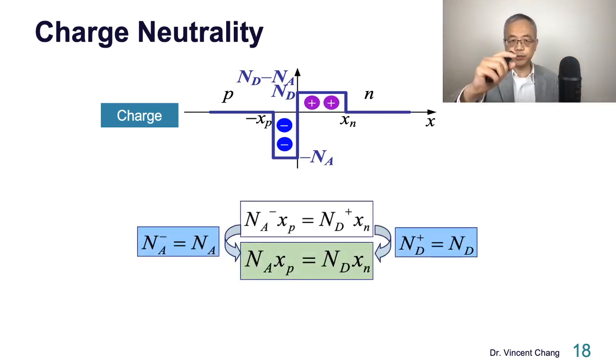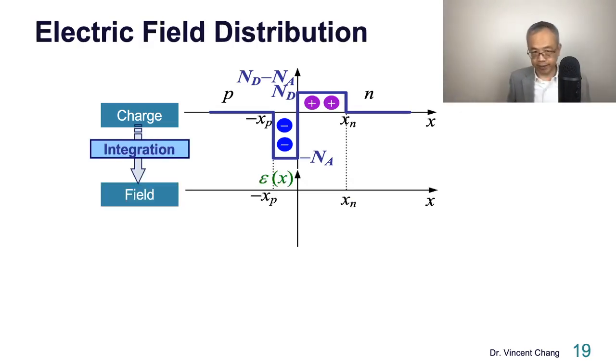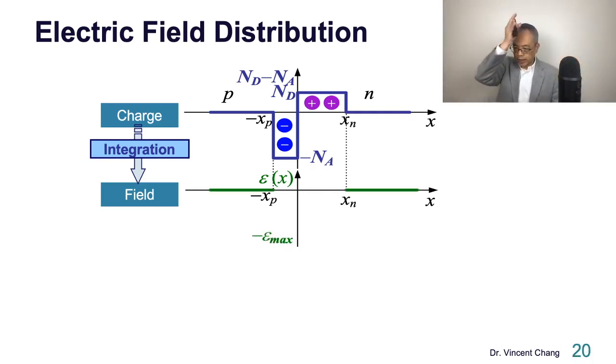Oh, okay. I just want to mention before we go on to the electric field distribution, the areas of these two rectangles should be the same. Charge neutrality should remain. So now let's move on to the electric field distribution. As I just mentioned, outside the depletion layer, no field. So boundary condition. At the interface, it's going to be the strongest. Why is it below zero? Because the electric field is pointing to your left, which means the electric field is less than 0.